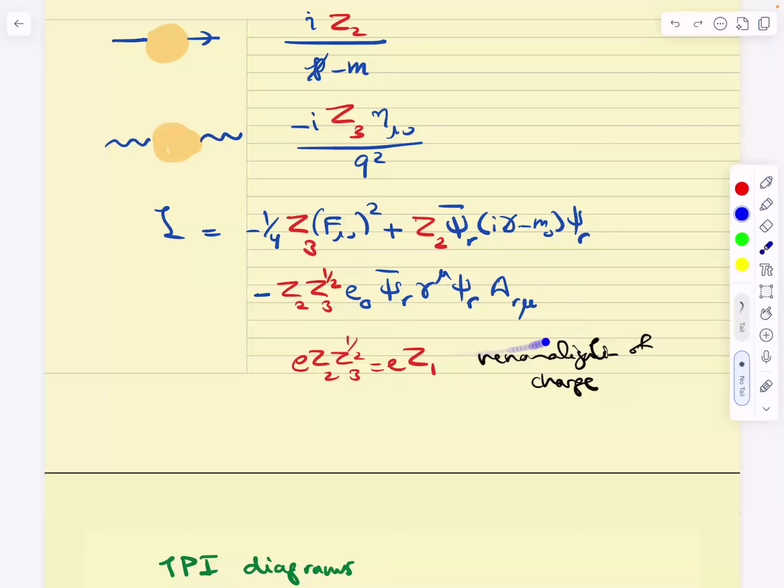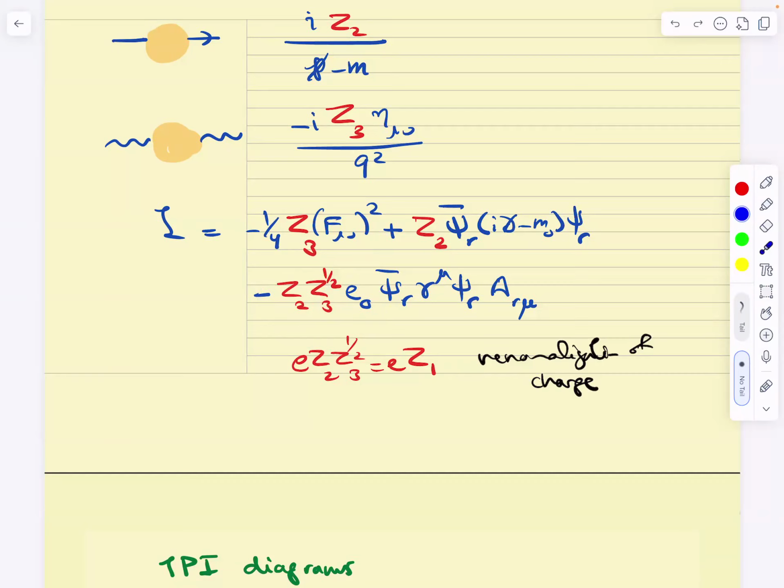What about the interaction term? The interaction term had the bare coupling e0 gamma mu, right? Now I put the renormalized fields, I pick up Z2 Z3 to the power of half. Because the interaction has 2 copies of psi naught, that will give me Z2, and 1 copy of A mu, that gives me Z3 half. This we're going to interpret as a renormalization of the electric charge, right?